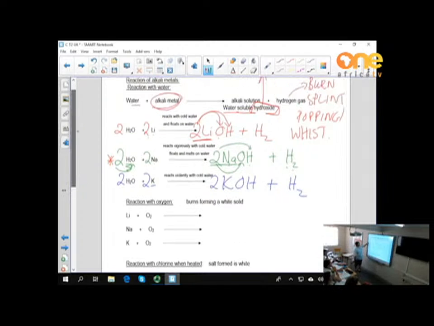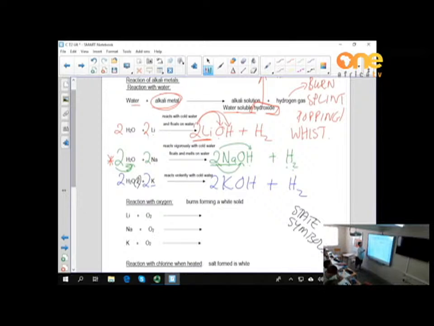When we do balancing, we refer to something known as state symbols. What are state symbols? It means you must indicate whether the substance is a solid, a liquid, a gas, or water soluble. How would this look? That one is going to be a liquid.